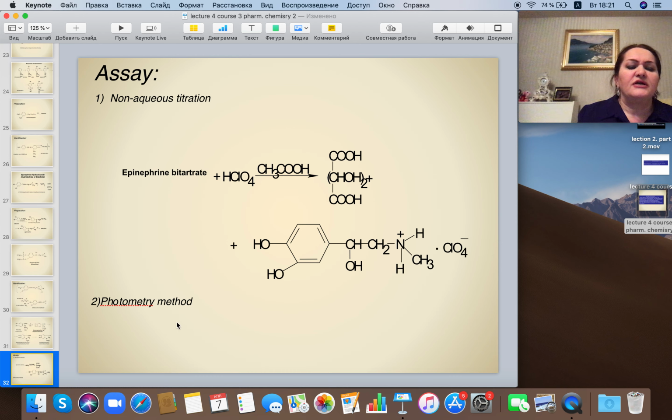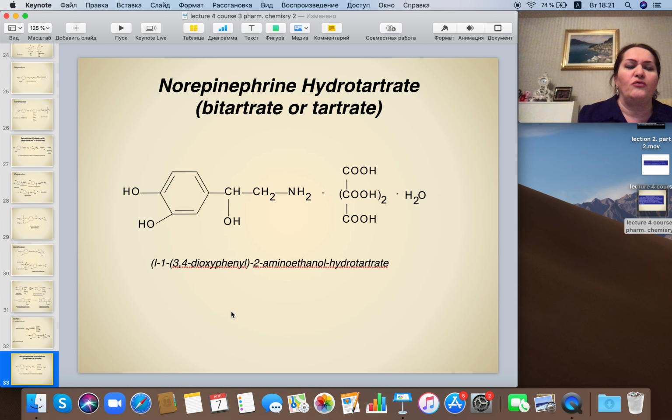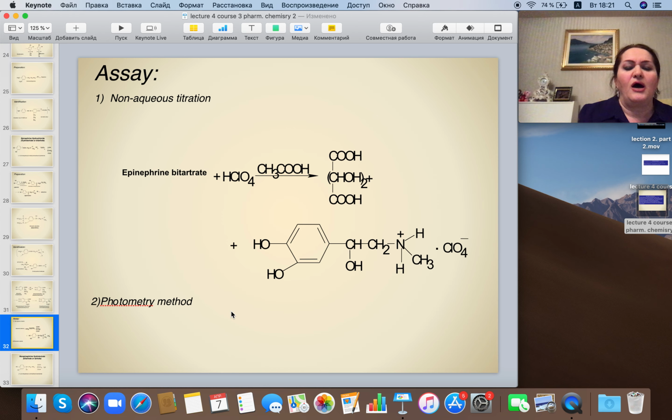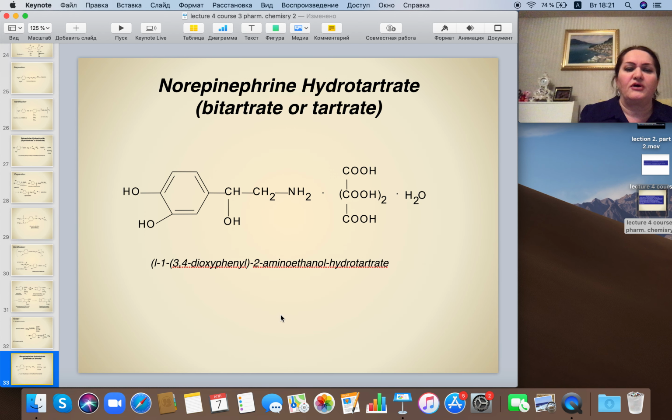And the second method is the photometric method, because this preparation gives a colored reaction, and the spectrophotometric method is also used for quantitative determination of this preparation, namely adrenaline or epinephrine hydrotartrate.